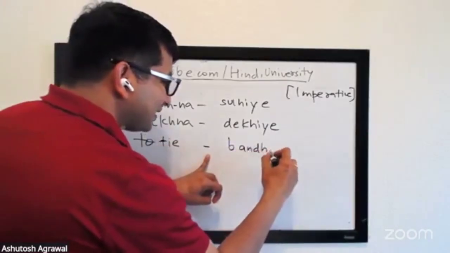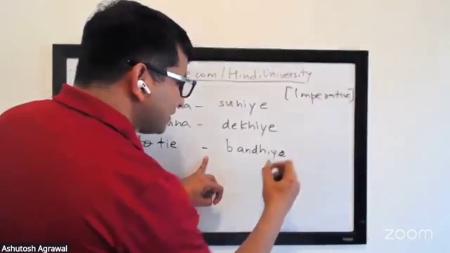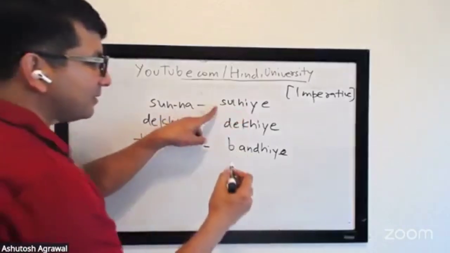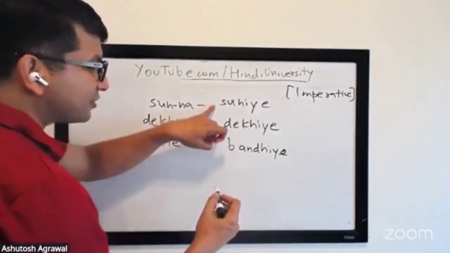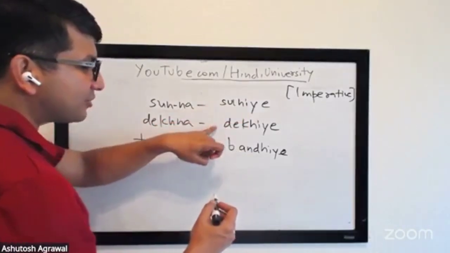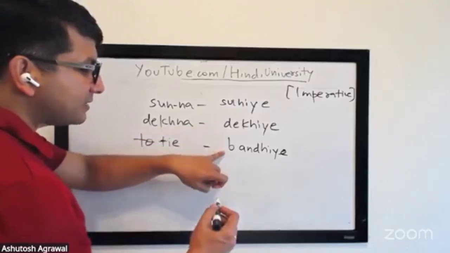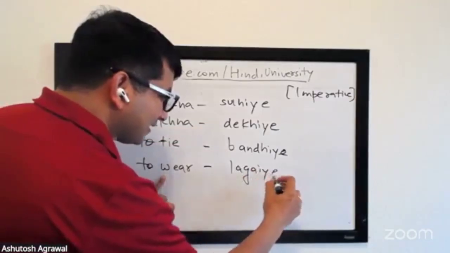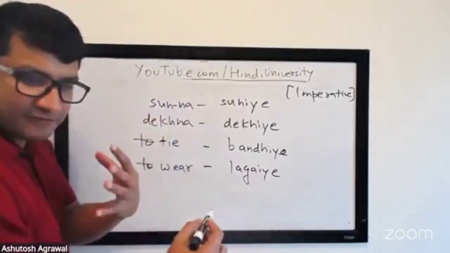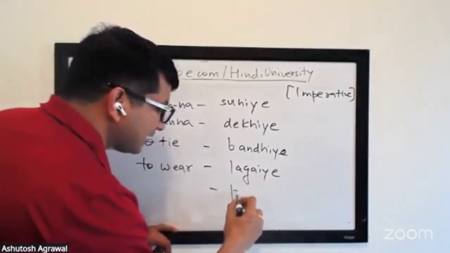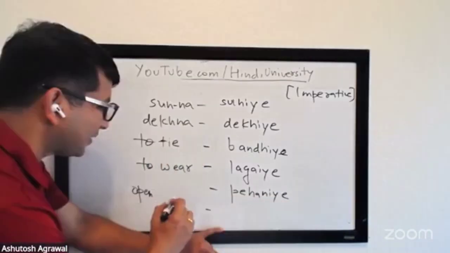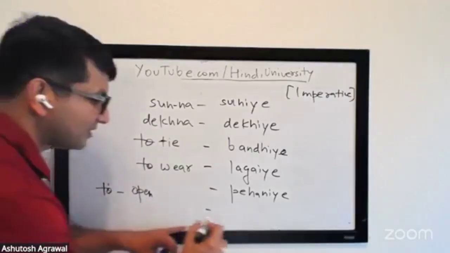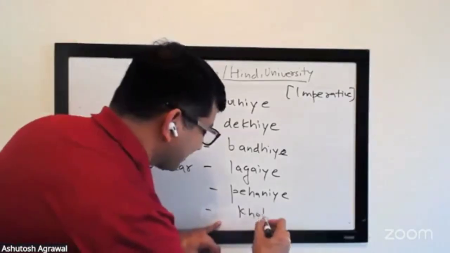Bandhiye. Bandhiye is please tie your seatbelt. Seatbelt bandhiye. Safety instruction सुनिए. सेफ्टी इंस्ट्रक्शन कार्ड देखिए. सीट बेल्ट बांधिए. लगाइए. Okay, लगाइए is to put on the safety mask, or you can say पहनिए. Beautiful. So to open would be खोलिए. Beautiful.